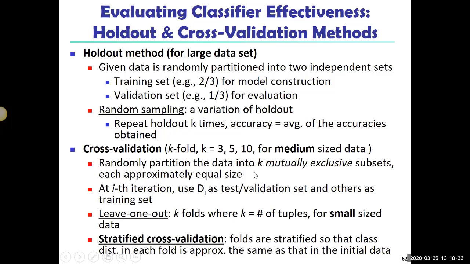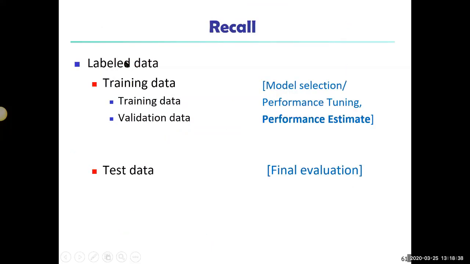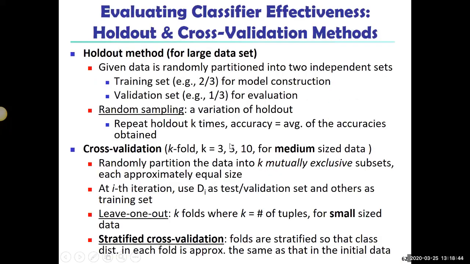What we do here is partition our labeled data, the training set part. We divide that into k mutually exclusive subsets, each of approximately equal size.